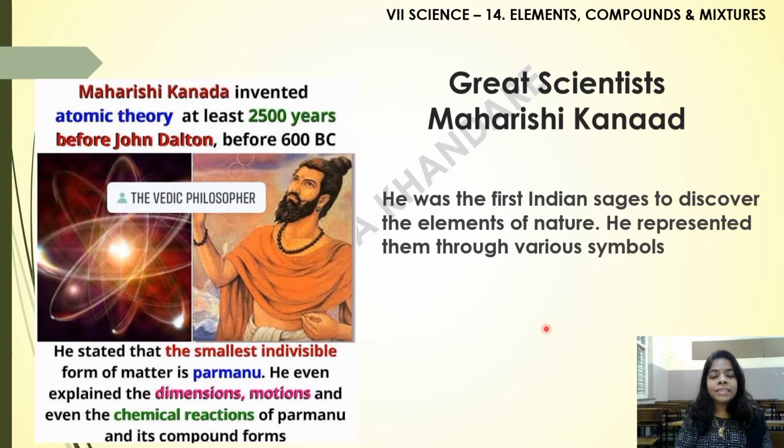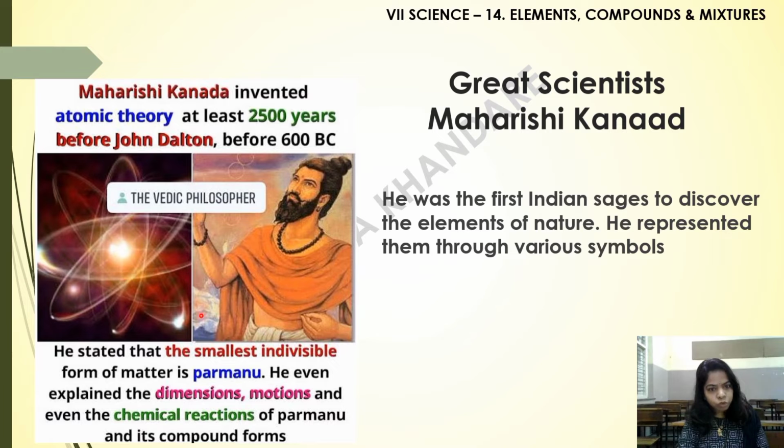So, a great scientist, children. This is one of the philosophers. He is one of the Maharshis we should not forget: Maharshi Kanad. He was the first Indian sage to discover the elements of nature. He represented them through various symbols. So, children, Maharshi Kanad invented the atomic theory at least 2500 years before John Dalton, that is, before 600 BC.